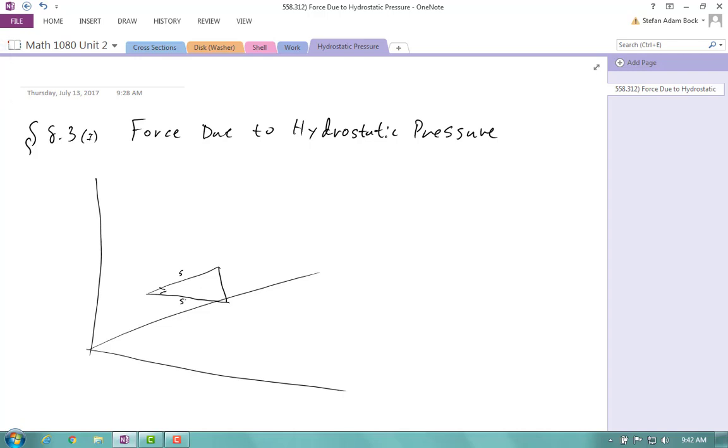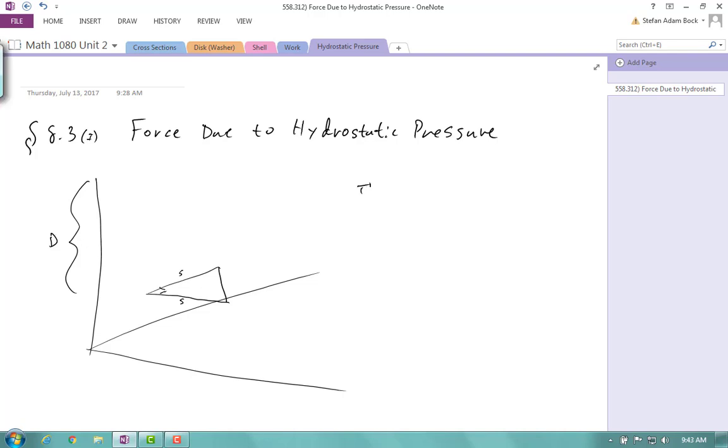So if I have a plate or a surface at a certain depth, I'm able to calculate the force exerted onto the top of this plate by the water. And this thought process is actually the way I prefer to approach the hydrostatic pressure problems, but there is another way where we deal directly with the formula for pressure.